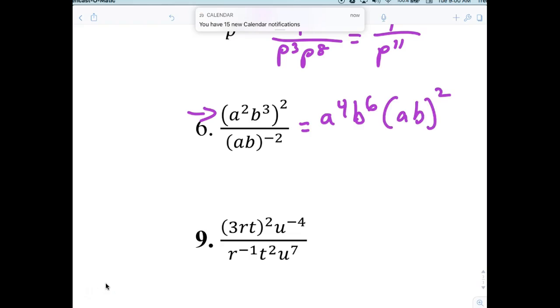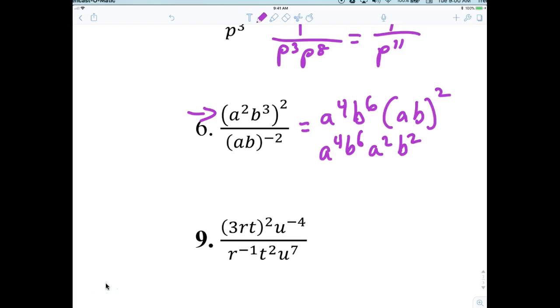Squared. Everybody with me on that? All right. Now I have a to the 4th, b to the 6th, a squared, b squared. Everybody see that? So then that now becomes, yes. Now if you'd write it down, you'd be really smart.